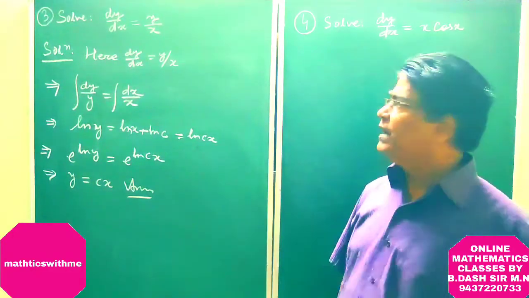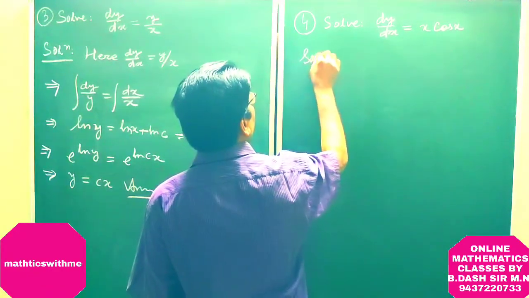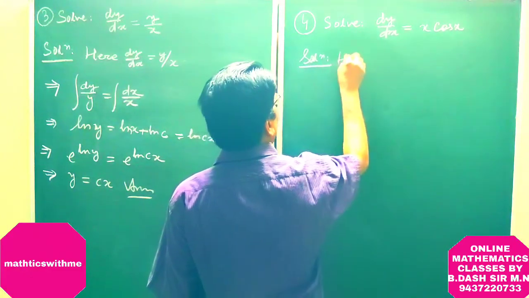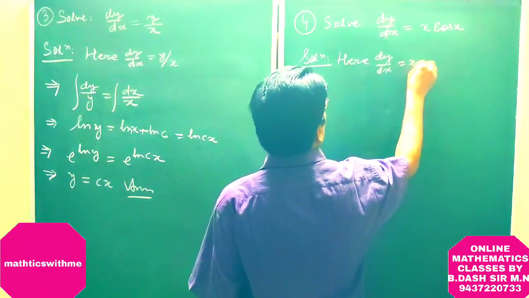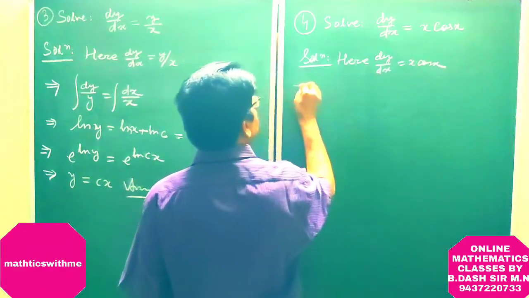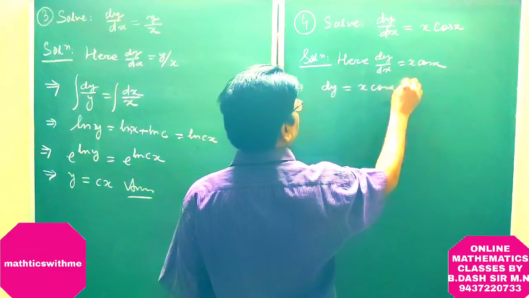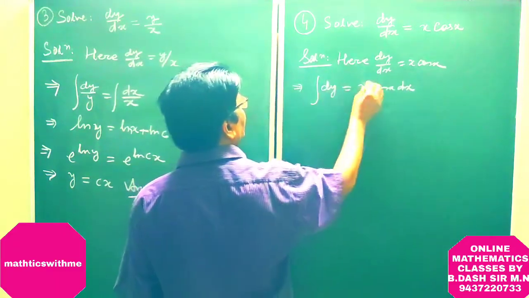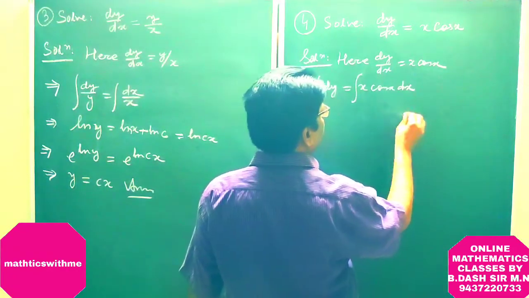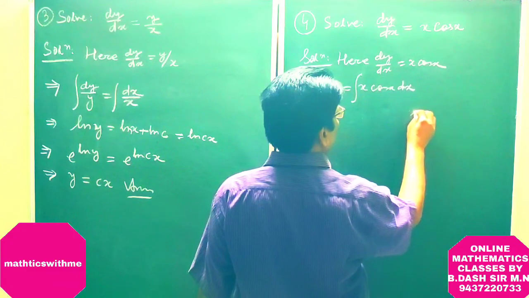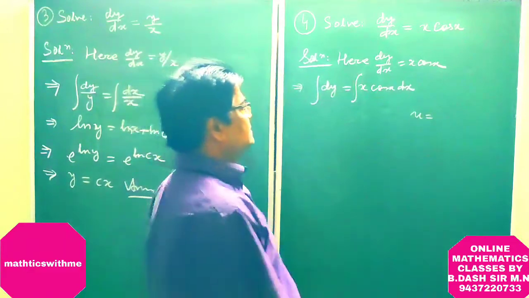Our next question is: solve dy by dx is equal to x cos x. Now solution. Here dy by dx is equal to x cos x. So this implies dy is equal to x cos x dx. So now the variable is separated. Now integrating both sides, for the integration of the right side, we have to integrate by parts.